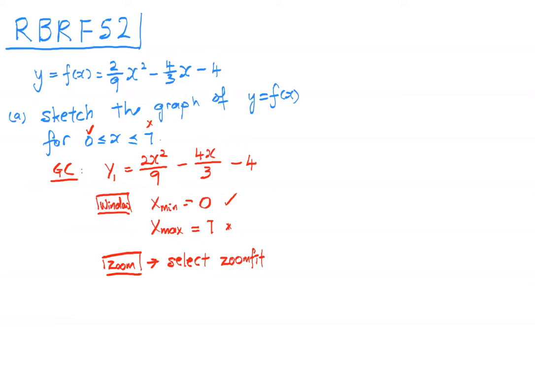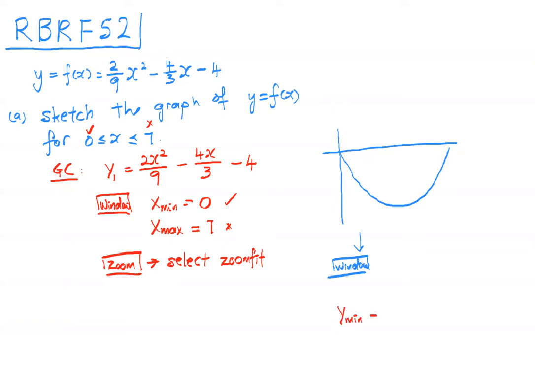So, look, the calculator will come out a graph like this. Correct? I don't know whether it goes up or not. It doesn't seem to me to go up. Correct? So what I can do is, after I get this, I will go back to window again. And this time I look at y minimum.